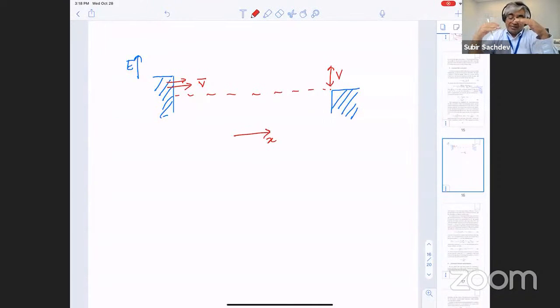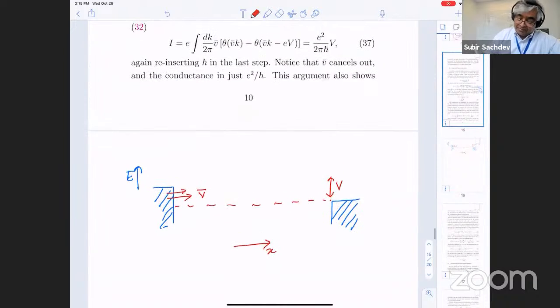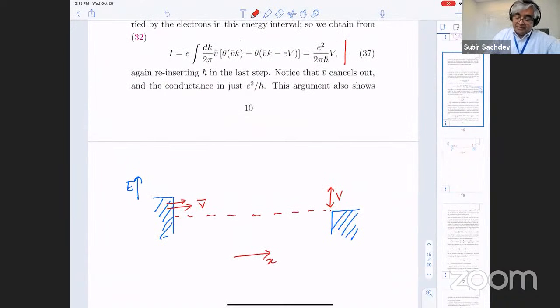And really the correct way to understand it is that once the electrons moving at this velocity v bar land on the right, they fall into the second reservoir, and that's where the dissipation happens, when they equilibrate rapidly with the leads. So all the dissipation happens in the leads, and the net current that's carried is just the current in this window of energies. Now that's something we can easily compute, and that's what's done here. So what is the current? Well, the current is E times V of K.